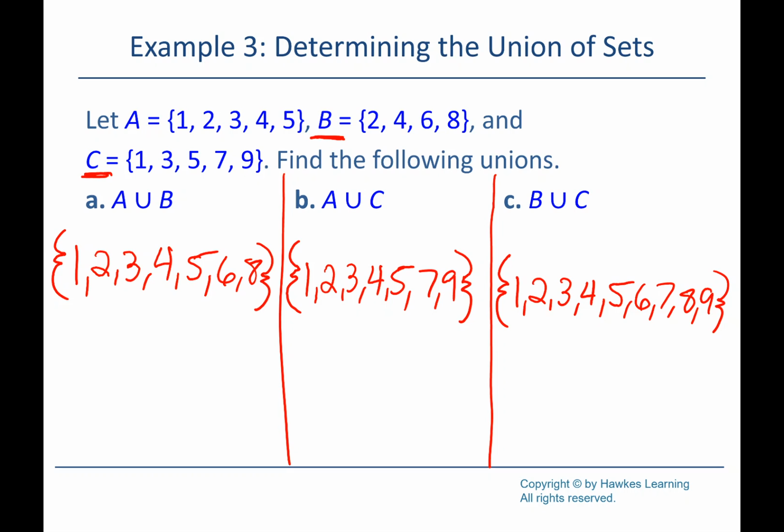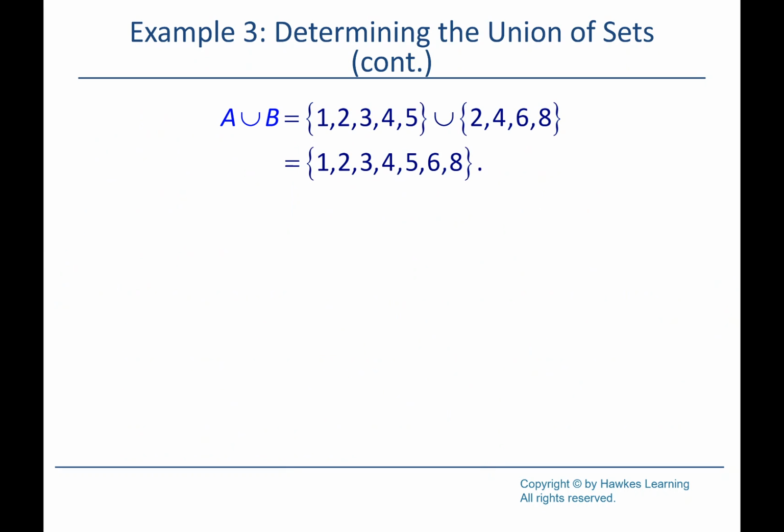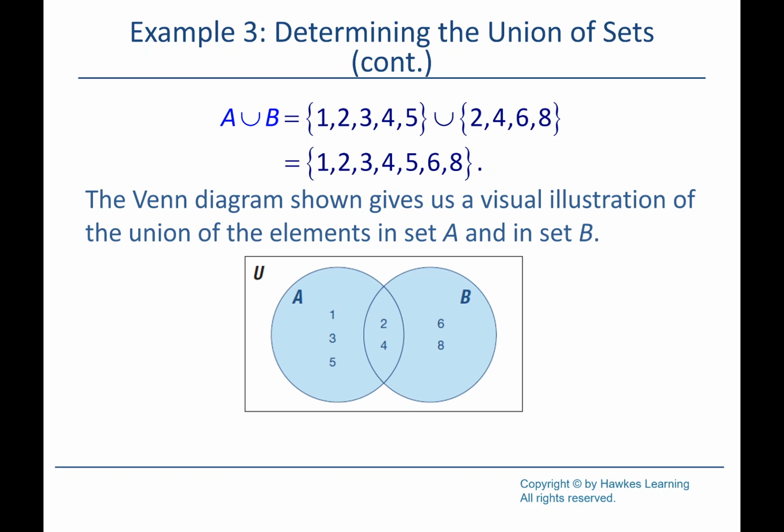Okay, so what if we had a Venn diagram? What would the union look like on a Venn diagram? Well, we want everything that's in set A, so all that would have to be part of the union. And we also want everything that's in set B, so that's all got to be part of the union. So you end up with this whole Mickey Mouse ear shape. Okay?